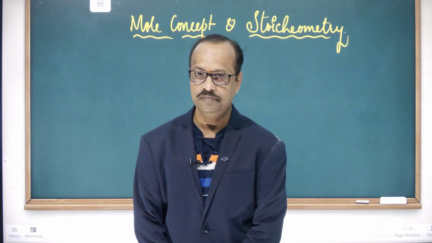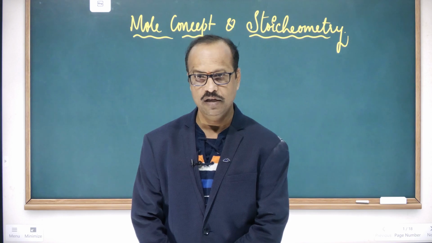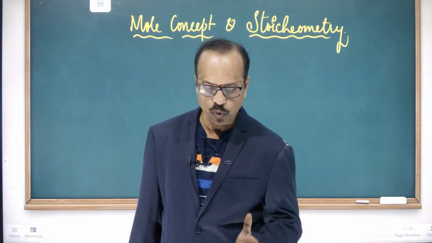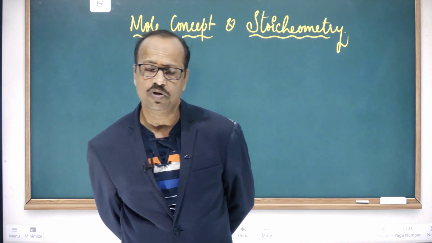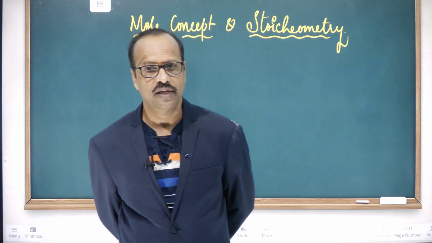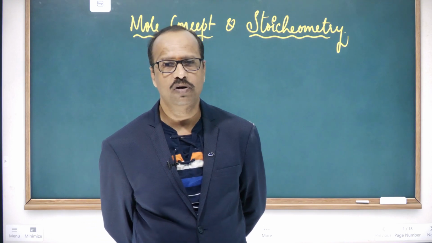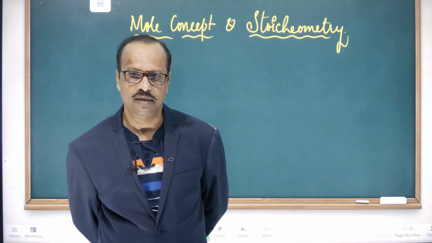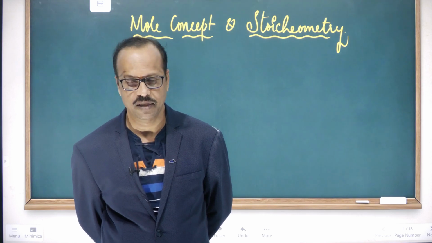Atom is a matter, and matter means something which has mass and occupies space. So how can we measure the mass of an atom? Atoms are very small. You cannot see them even through a microscope. Such a small particle is the atom. So how can we measure it?